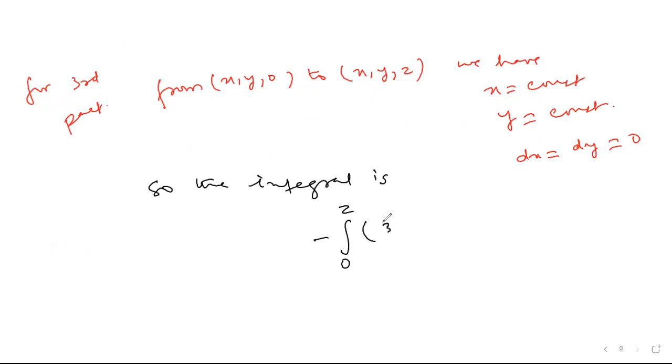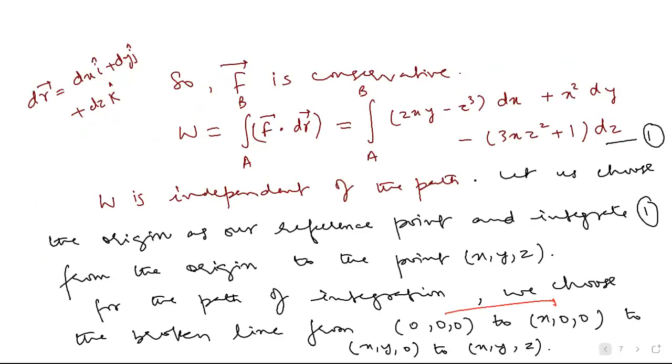Inside the integral, we have 3x z square plus 1 dz. You can check it. Third term is this one, minus the integral of 3x z square plus 1 dz, from 0 to z.